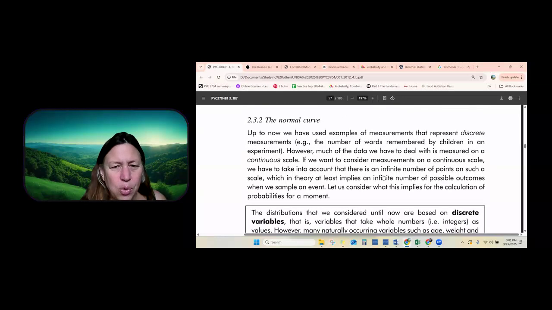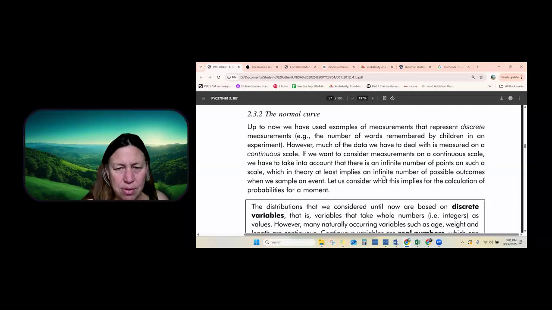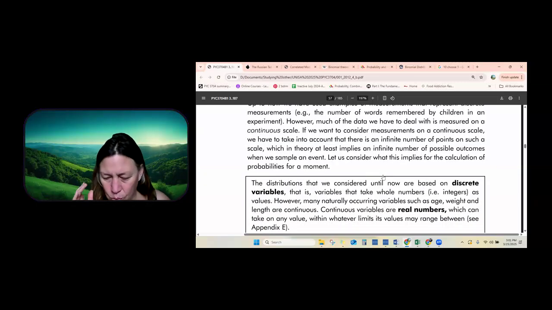So now we're moving into curves. So we've looked at them with discrete measurements like number of words remembered by children. But we're going to move now into continuous, where we're not actually measuring 1 plus 2 plus 3. It's the continuum between 0 and whatever the end of that scale is.